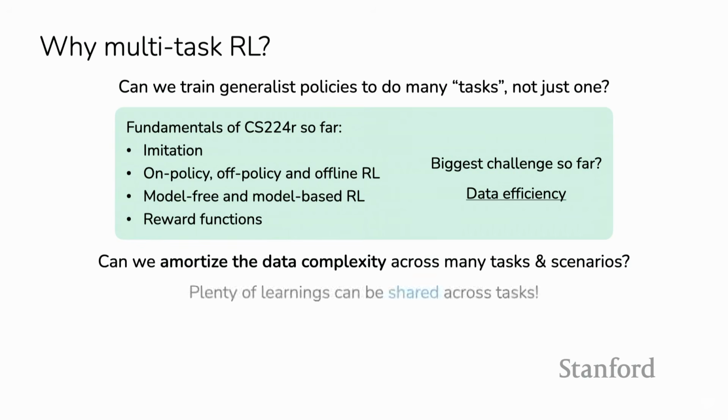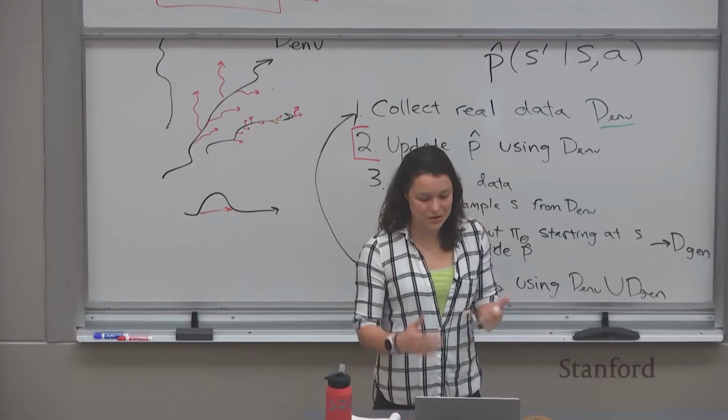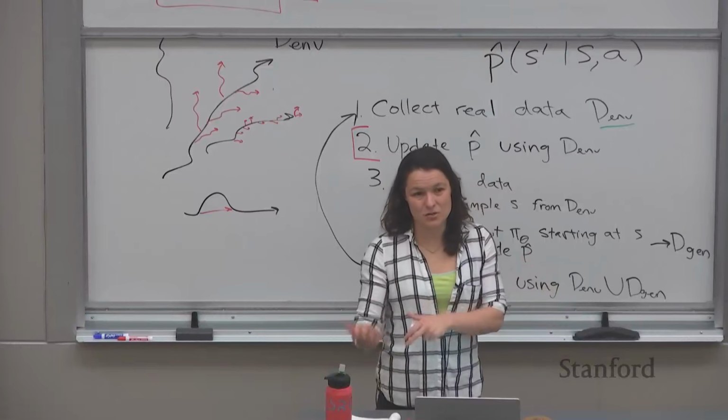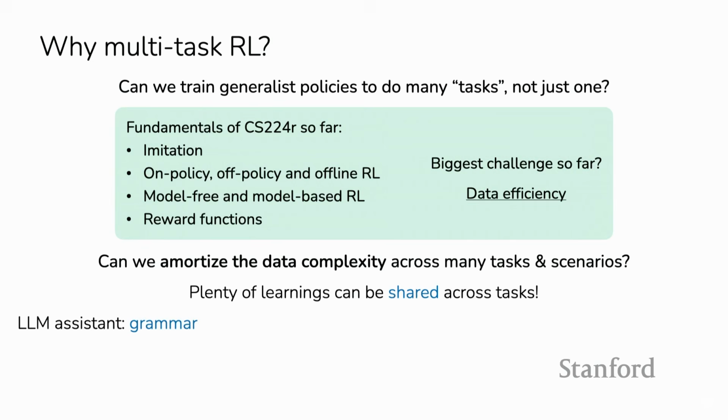And that's because tasks will typically have some sort of shared structure. Like if you're trying to be a language model assistant, there is going to be a shared structure with regard to grammar, or maybe with regard to different websites. And if you learn how to interact with one website, that can teach you something about how to interact with other websites. Or in robots, if your goal is to walk forward and walk backward, then this shared notion of staying balanced will be shared across tasks, among other things.